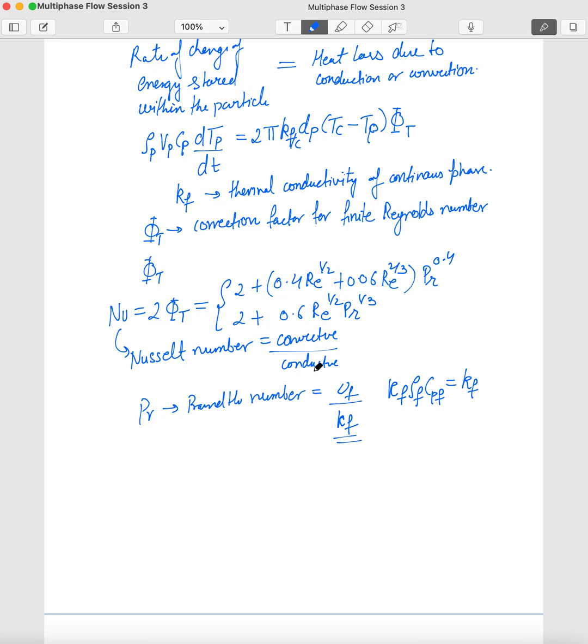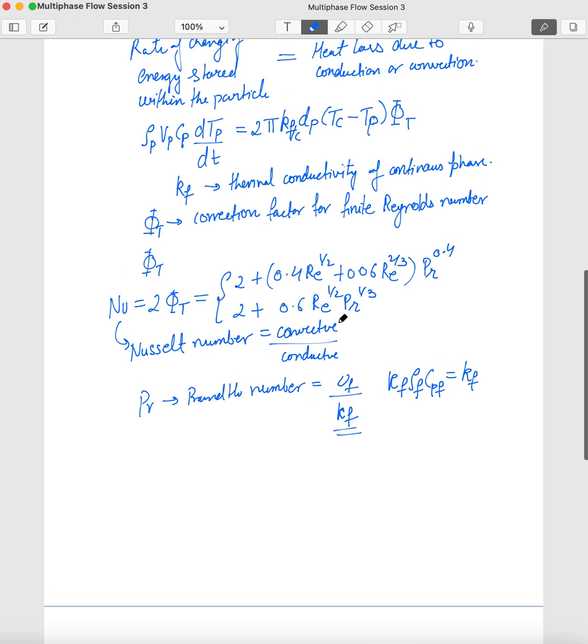So basically this is the Prandtl number, and you can see that for Stokes flow, Re is equal to 0, and so phi t should be 1, and also the Nusselt number for the case of a sphere is 2.